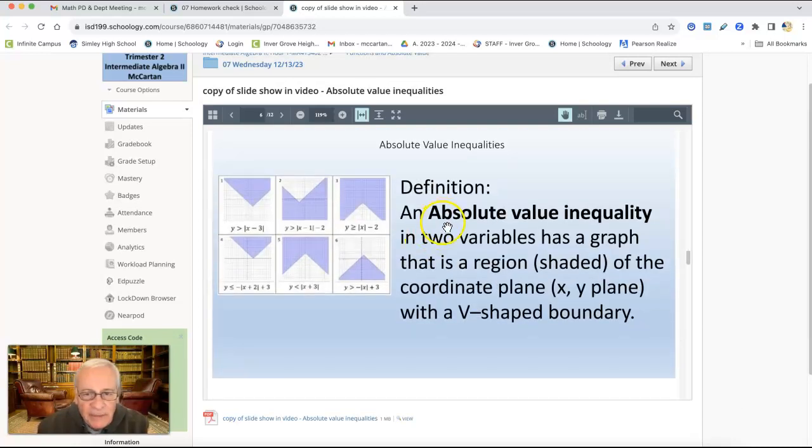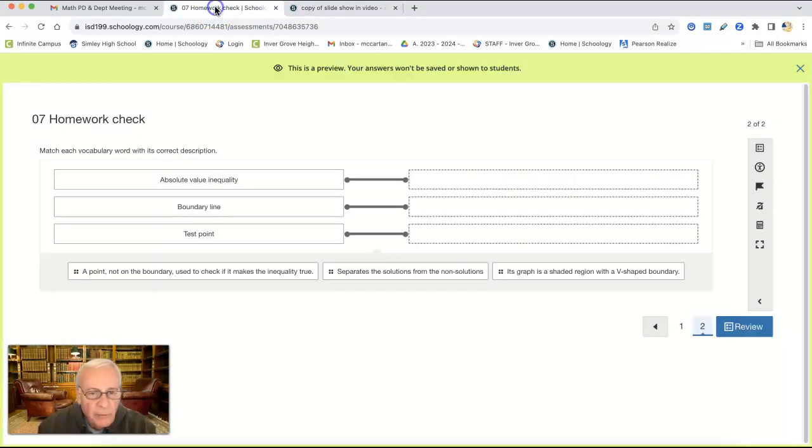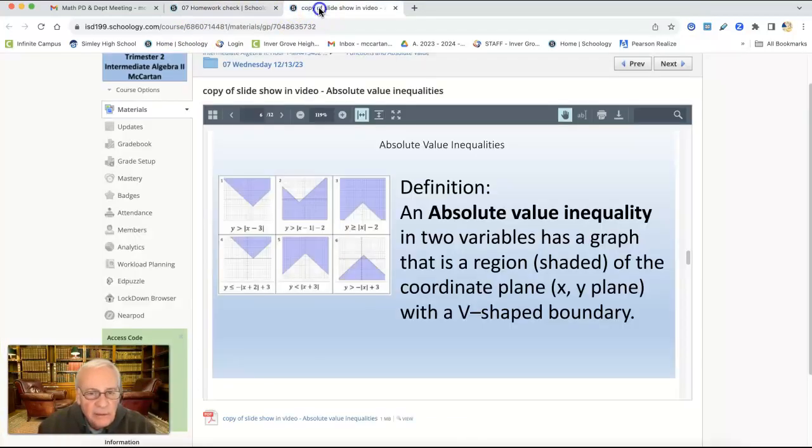All right, an absolute value inequality in 2 variables has a graph that is a shaded region of the coordinate plane with a V-shaped boundary. It looks like a V shape, and it's shaded above or below.